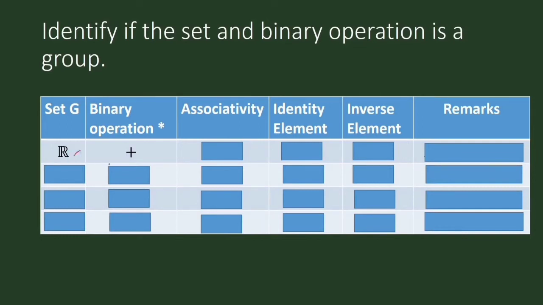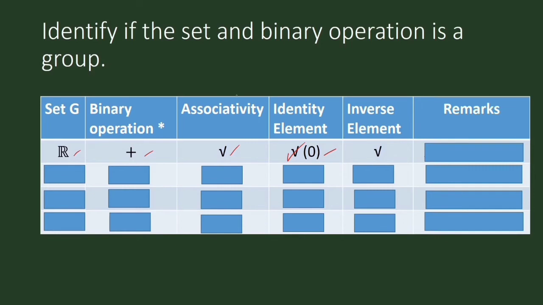We have the set of real numbers and our binary operation is addition. Is it associative? Yes. Does it have an identity element? 0 is the identity element. So again, yes, it has an identity element, and that is 0. How about the inverse element? Let's say, for example, I have a real number. Does it have an inverse in the set of real numbers under the operation of addition? Yes.